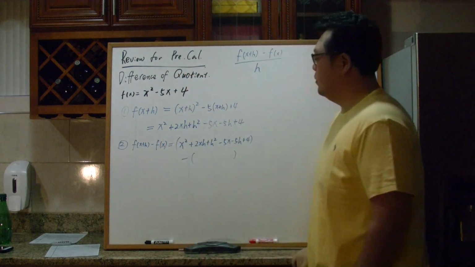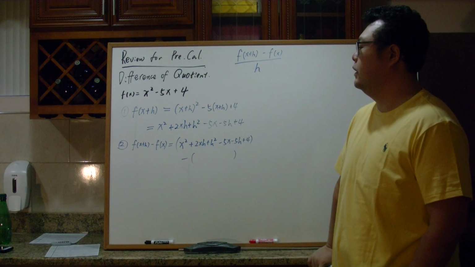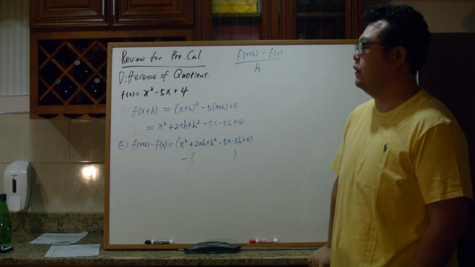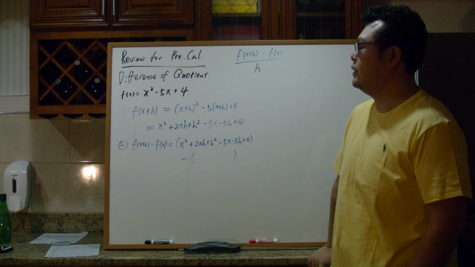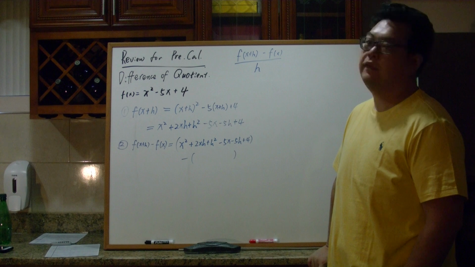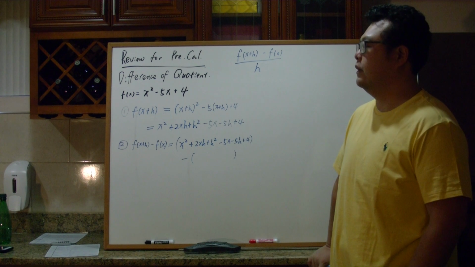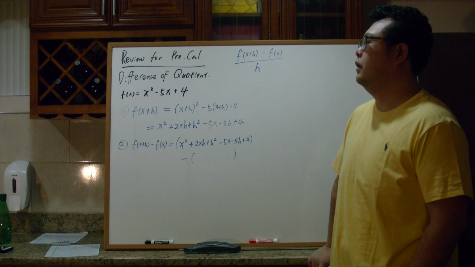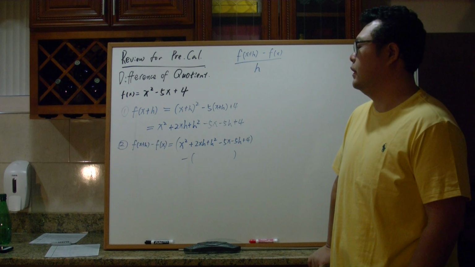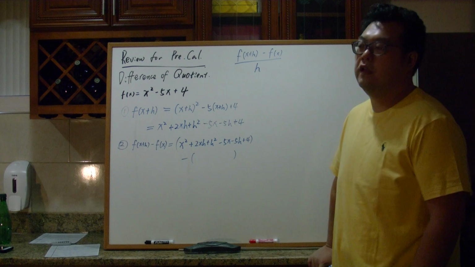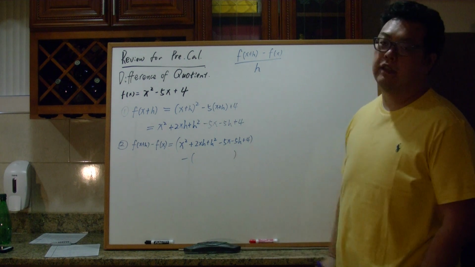And the reason why we put in the parentheses is because we are doing a subtraction. Right? With subtraction, we have to put parentheses to make sure that everything after the negative sign will change sign. If you know that, of course, you could skip this step, but it is always good to write the essential step.